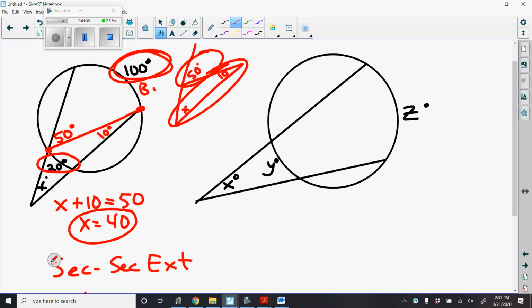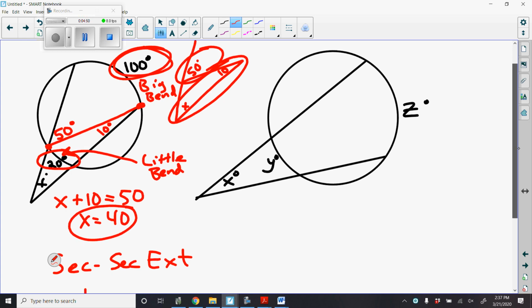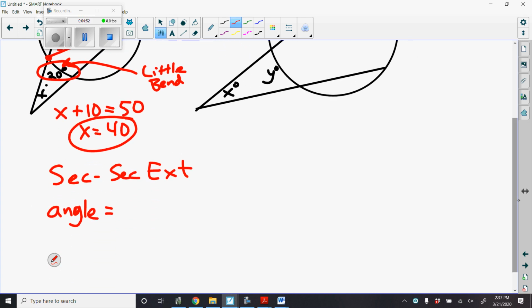This is our big bend, the one that's farther away. This one right here is our little bend. And when we do subtraction, it matters the order that we subtract, right? If I did 20 minus 100, that would give me negative 80. Negative 80 divided by 2 is negative 40.